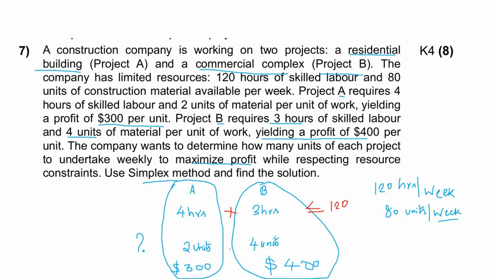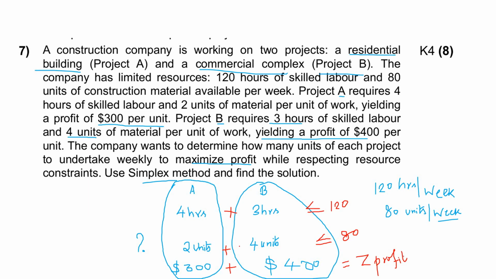Then regarding units, if you combine project A and project B, it should be less than or equal to 80. Then the profit from project A and project B should be maximized. So if you take this as Z, Z is the profit. So you have to maximize the profit.